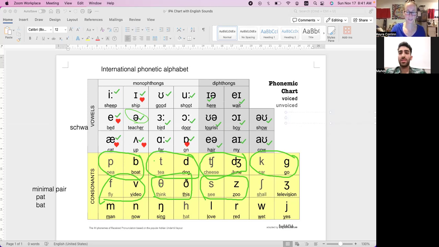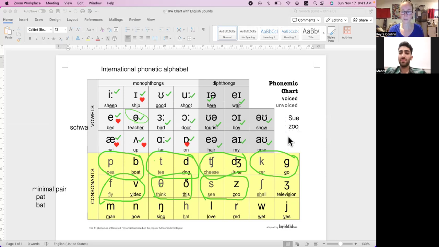The name Sue, like our wonderful Sue Adams. Sue versus zoo. This is also important at the end of words when we have plural forms of nouns.